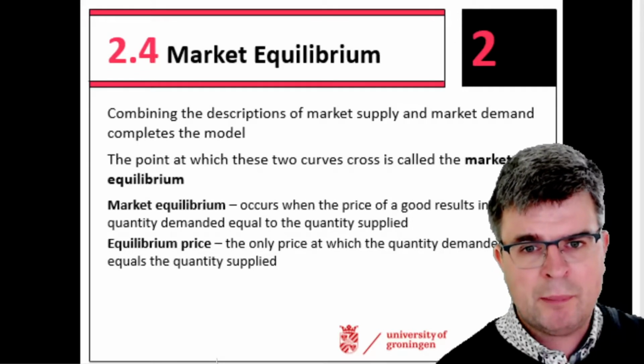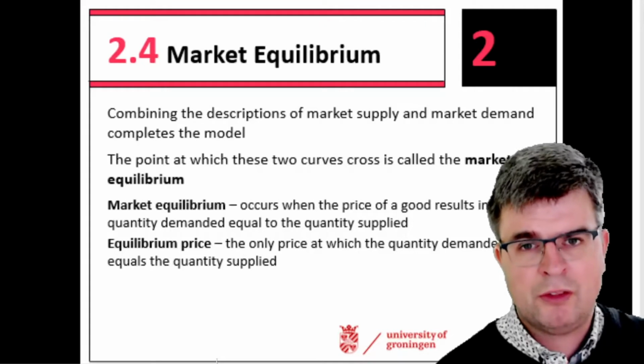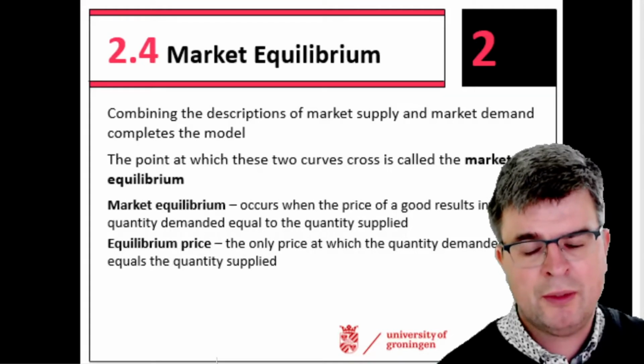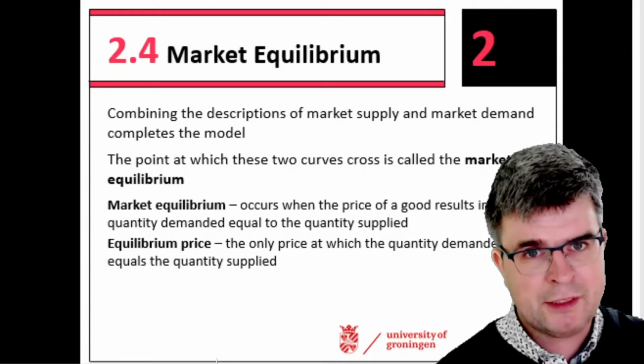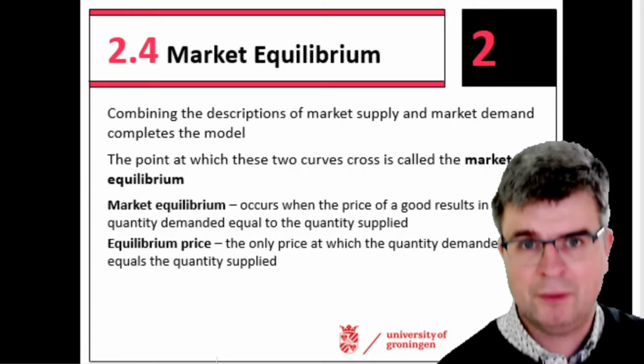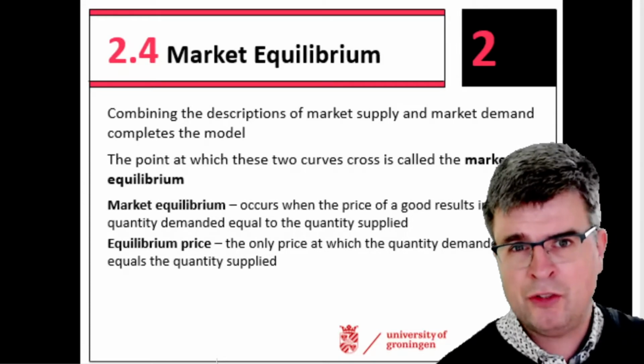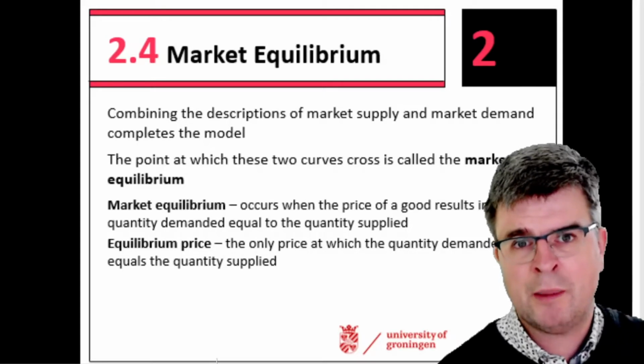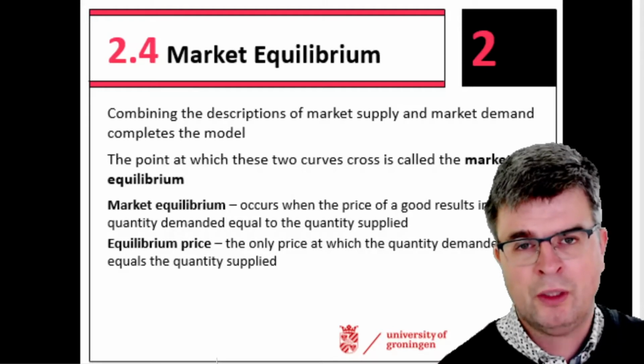The market equilibrium is when the quantity supplied equals the quantity that is demanded, and the equilibrium price is the price that makes that happen. So it's the price at which the producers are willing to supply just that amount of units to the market that the people who demand the good are willing to buy at that price.